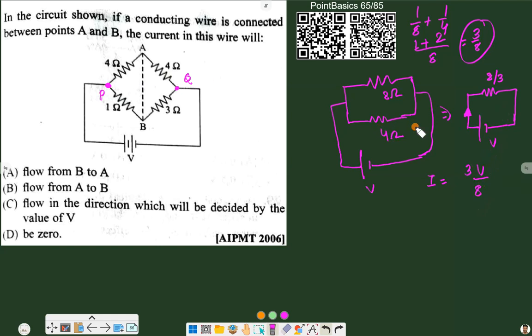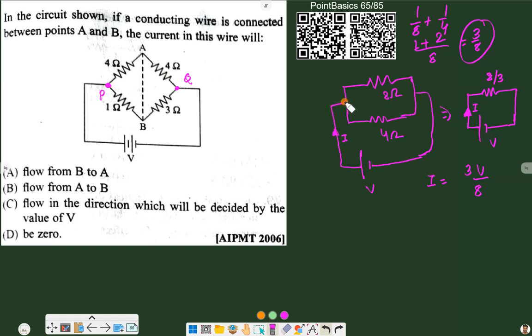Now as it is, the right circuit is the equivalent circuit of the left one, and if there is current I, then the same current will flow in this circuit. So here we will also have current I, and the value of current I is 3V by 8.